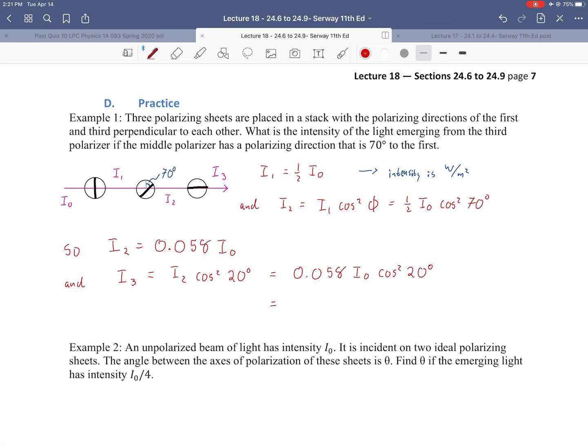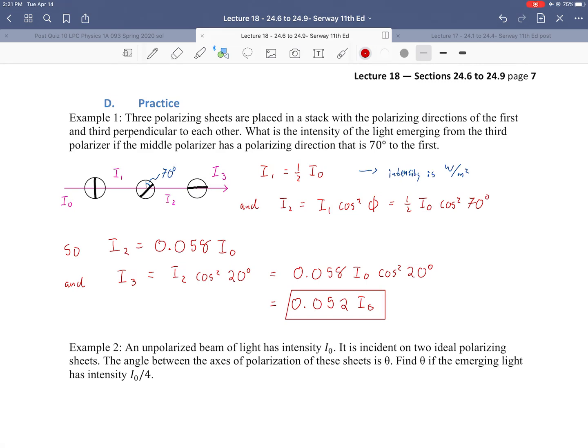We just lose a little bit more energy, and we end up with 0.052 of the original intensity. That's because having polarizers that are only 20 degrees apart is not losing much. If you have two polarizers that are 0 degrees apart, then there's no loss of energy. It might as well just be a single polarizer. And if they just have some small deviation, like 20 degrees, then it's not a big loss in intensity, because you're not realigning the light that much.